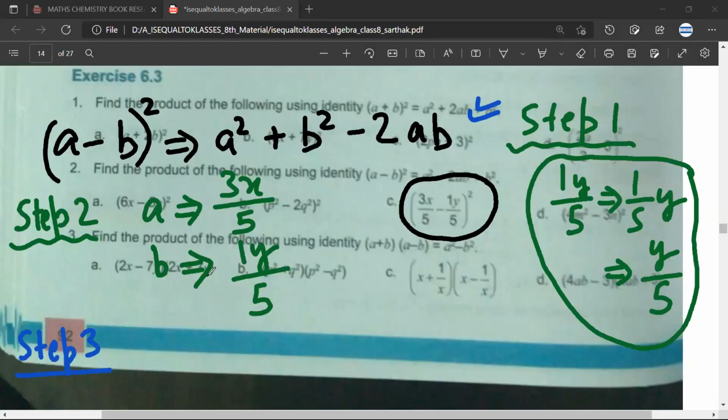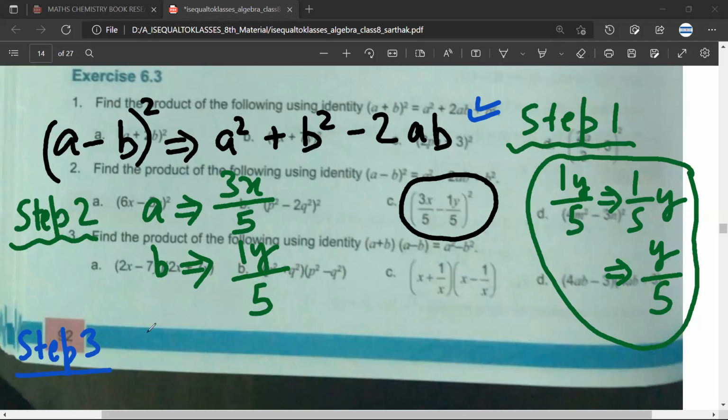So one thing that you shouldn't get confused about is that your b is 1y by 5. It is not equal to minus 1y by 5. Sarthak, any doubt? No, sir. Your b is a positive number. Don't get confused. Because if you write this as minus, then your answer won't be correct.